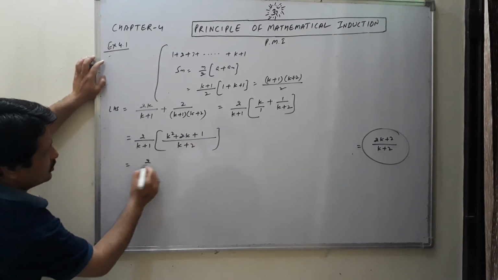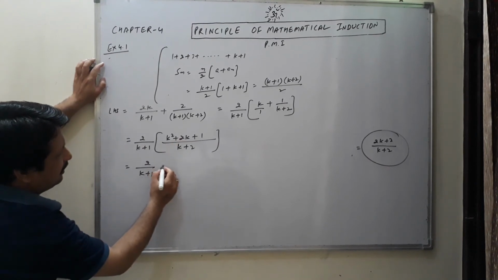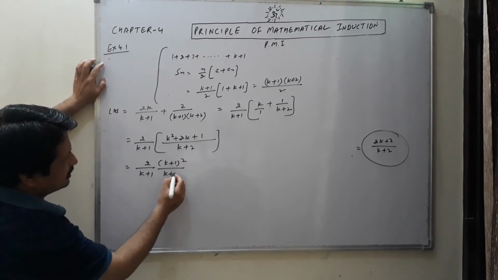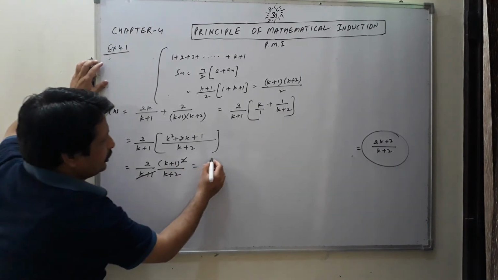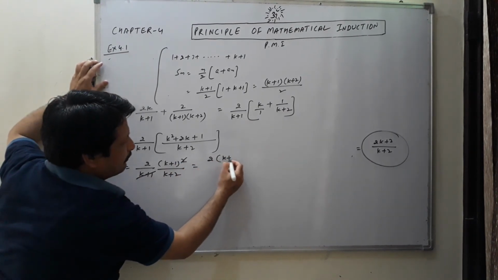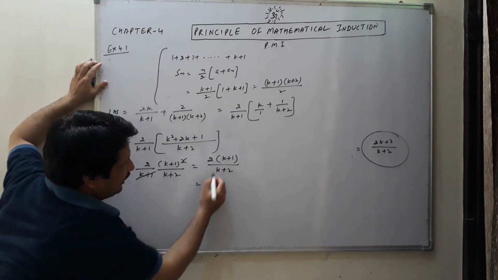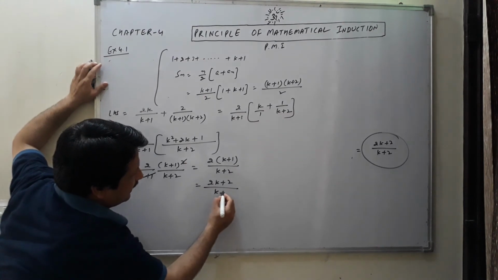Now students, this is the whole square of k plus 1, its whole square upon k plus 2. So it will cancel out, students. You will now have 2 into k plus 1 upon k plus 2, or we can write it as 2k plus 2 upon k plus 2.